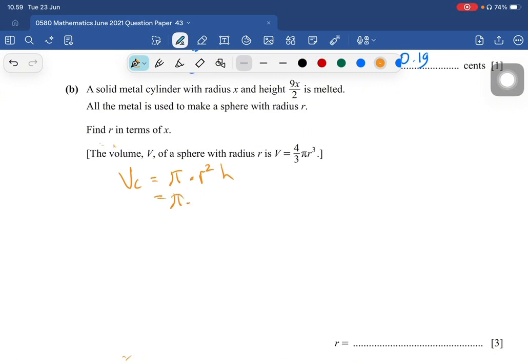So pi, this is x squared, h is 9x over 2. So we get the volume is 9x to the power of 3 over 2 pi. Here is the volume of the sphere.